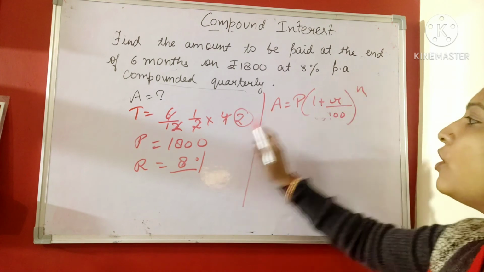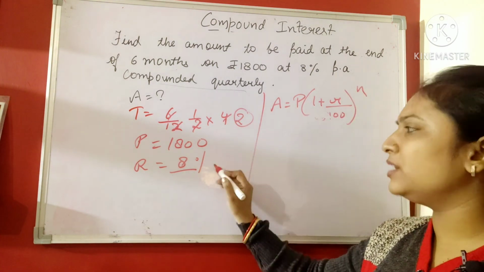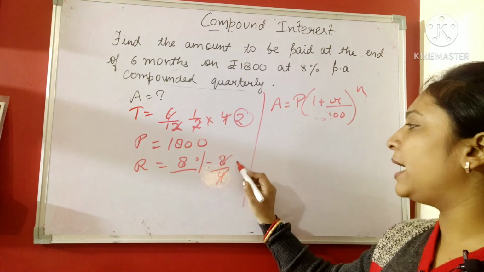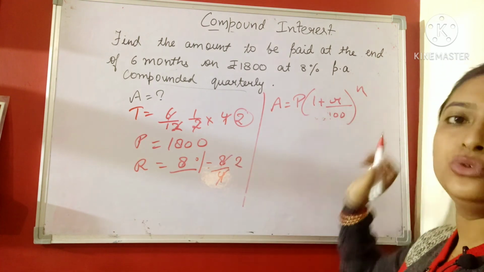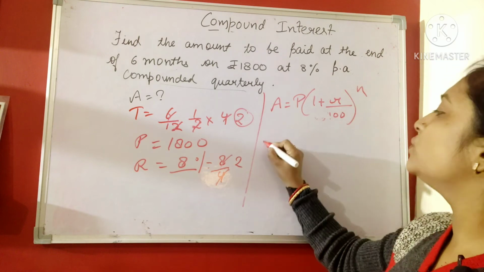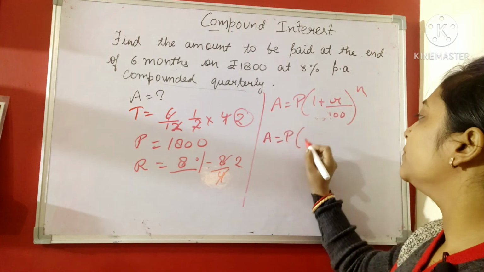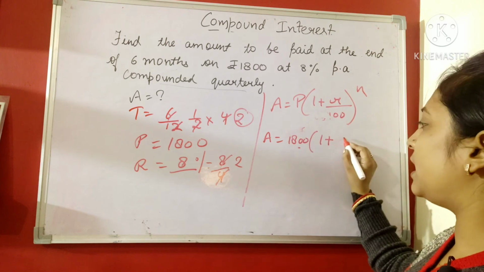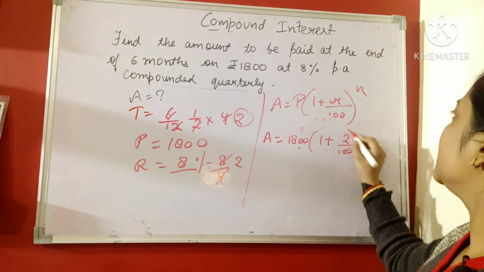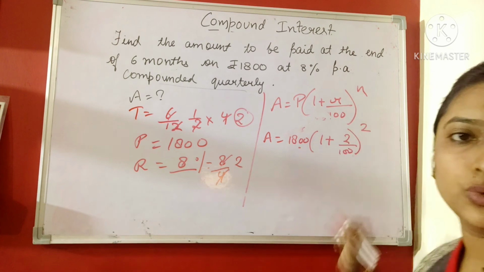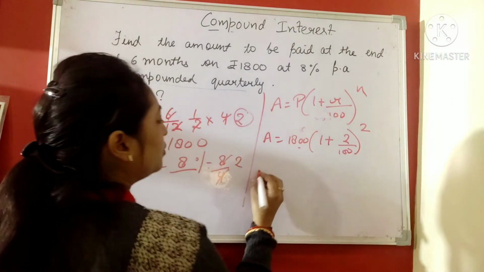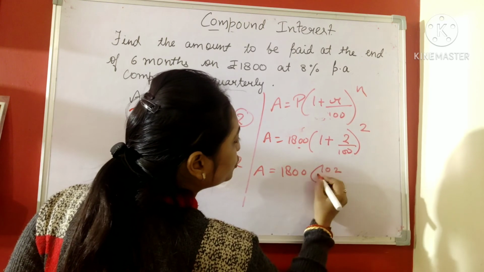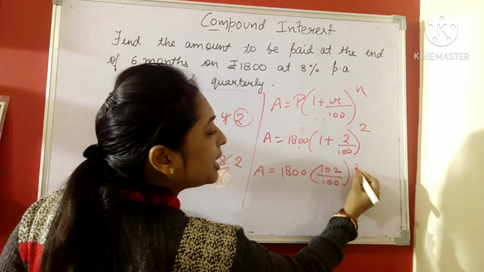But we have already multiplied by 4 over here, so let's divide the rate also by 4, which gives 2. No need to change the formula. So amount is equal to P, which is 1800, into (1 plus 2 by 100) raised to the power 2. Now amount is equal to 1800 into (102 by 100) raised to the power 2.